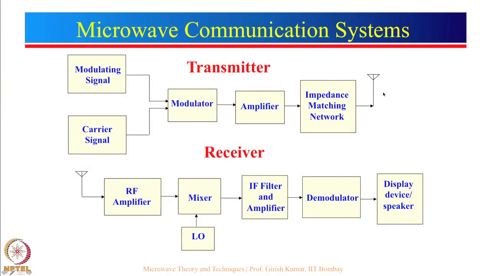That cannot be connected with 50 ohm. Just think, if this is 50 ohm and this is 1 kilo ohm and this matching part is not there, what will be the voltage at this point? It will be 50 divided by 50 plus 1000. So, the voltage here will be very small, and the power delivered to the load also will be very small.